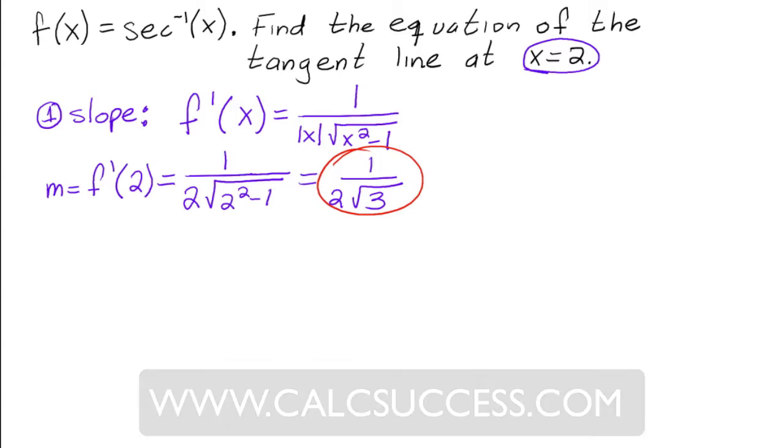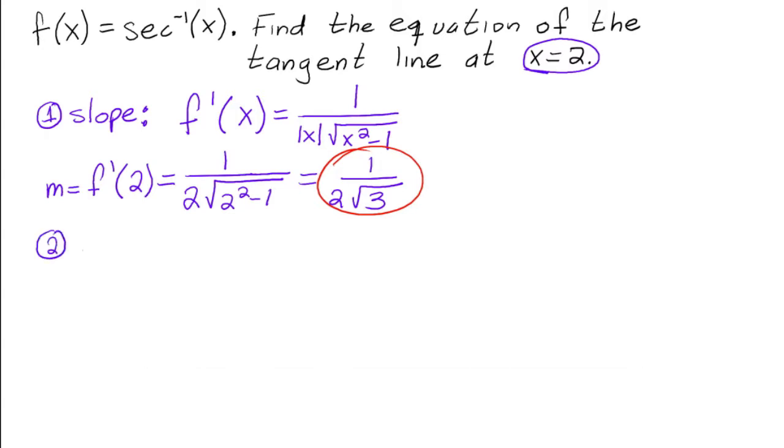And then the second step is to find the y-intercept. To find the y-intercept, we first write down y equals mx plus b. We already know that the slope is 1 over 2 square root of 3.